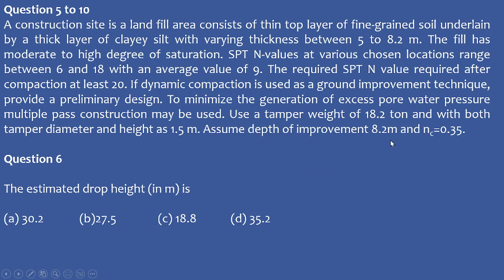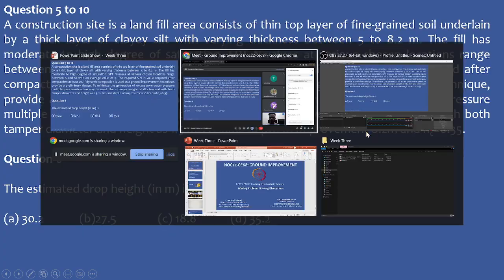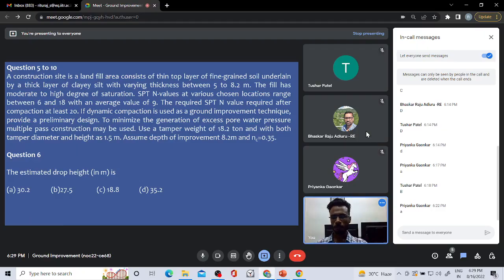If the depth of improvement is 8.2 meter, from which height should we drop our tamper if the tamper weight is 18.2 ton? You can type your answers in the chat box. No problem. Option A. Okay, Tushar. Let's wait for others also to solve.